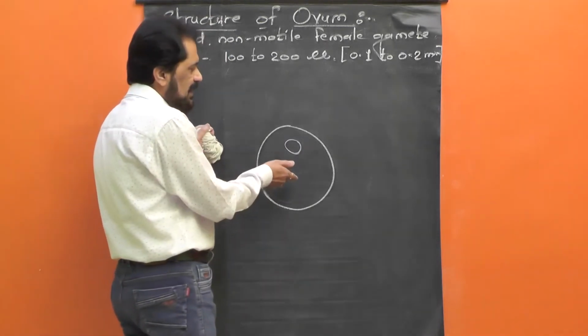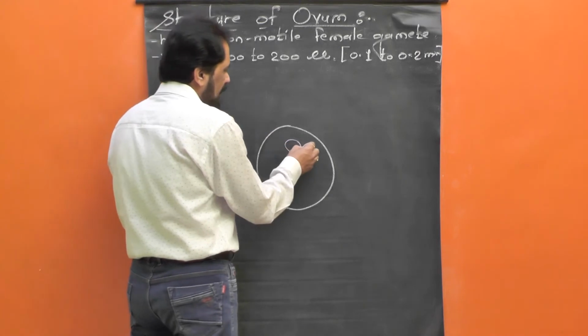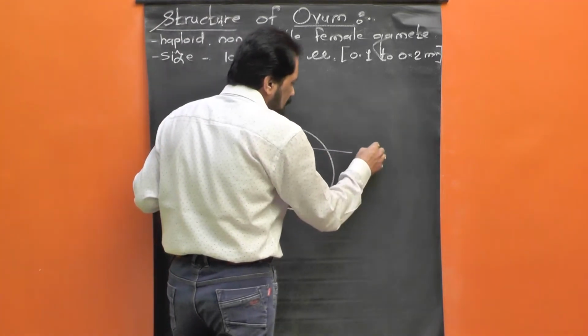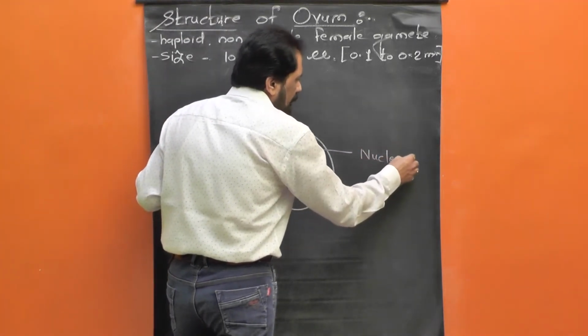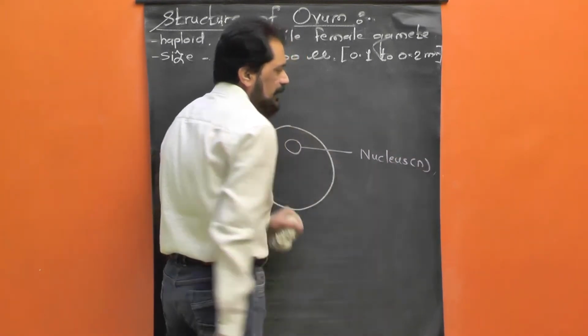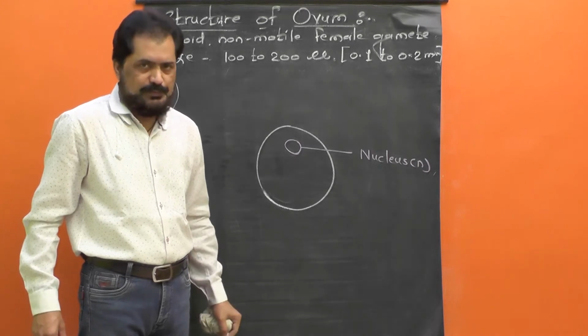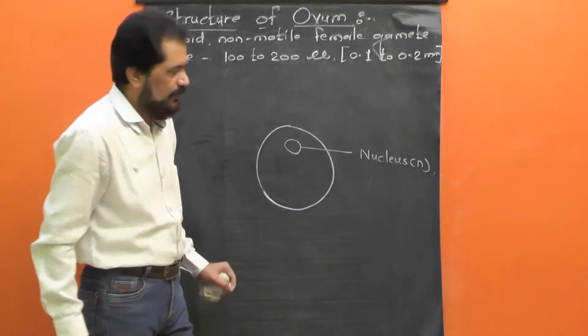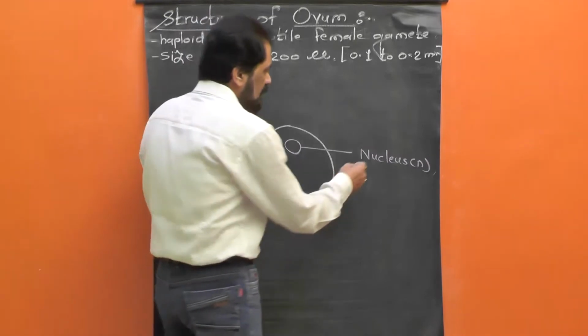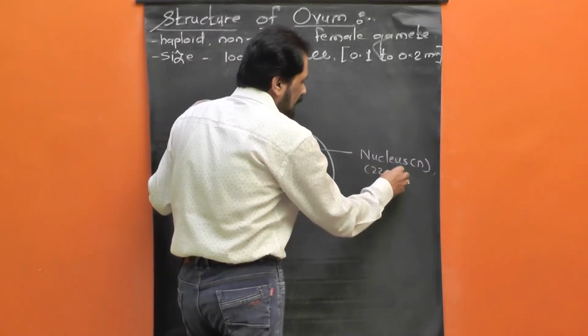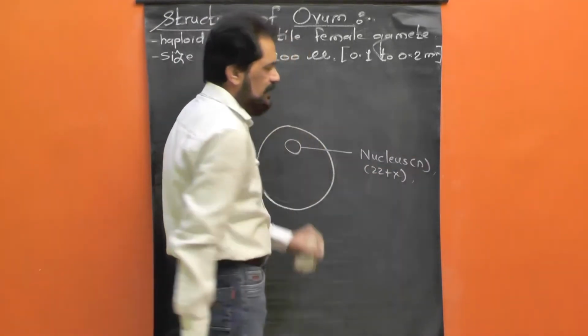Nucleus is present slightly away from the center, and this nucleus is haploid. Means what? It contains 23 chromosomes. Which chromosomes? 22 plus X.